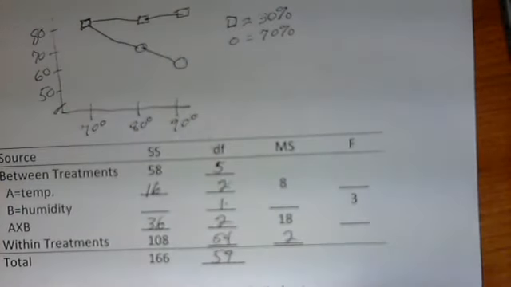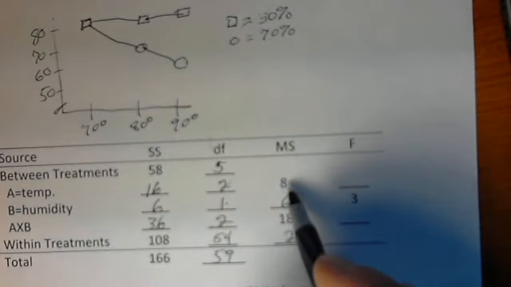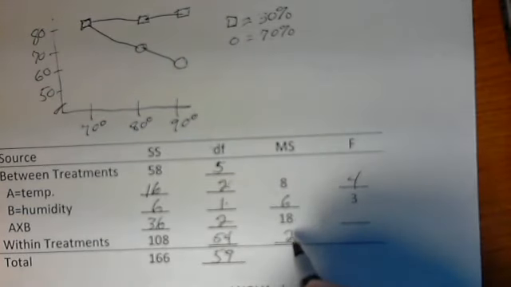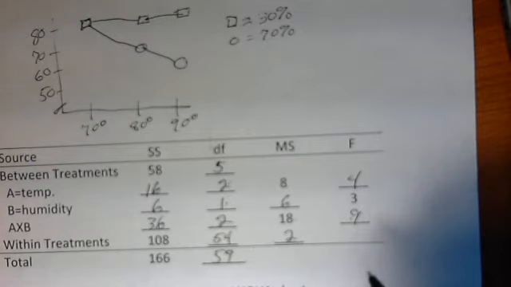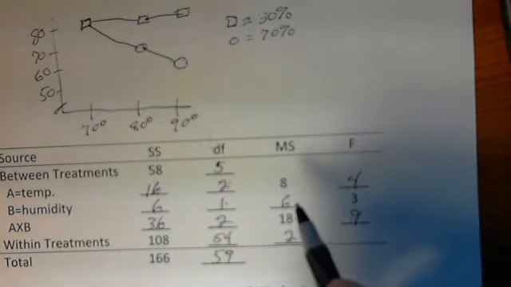For here, we know that this F ratio is 3. So what divided by 2 would give me 3? 6 would. And then I can work backwards here. What divided by 1 would give me 6? 6 would. And then the rest of these: this F ratio here, 8 divided by 2 gives me 4. 18 divided by 2 gives me 9. So then we've completed this incomplete factorial ANOVA table.